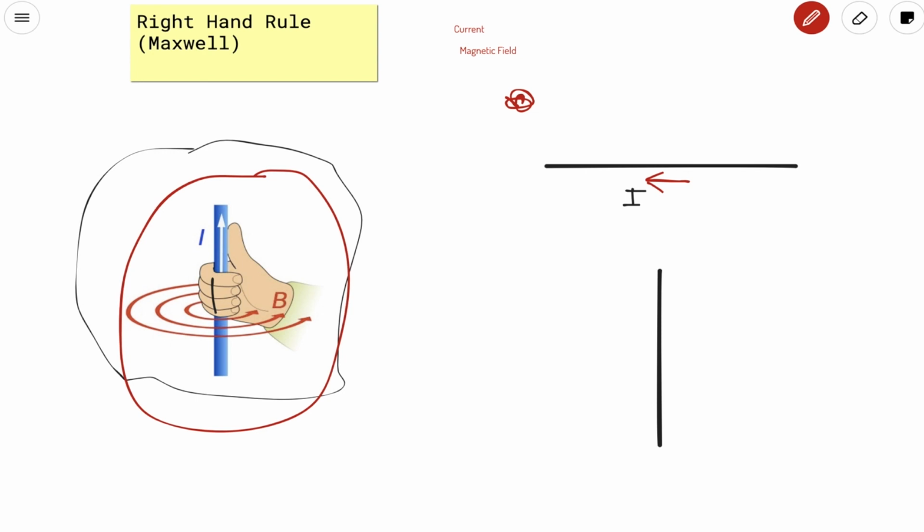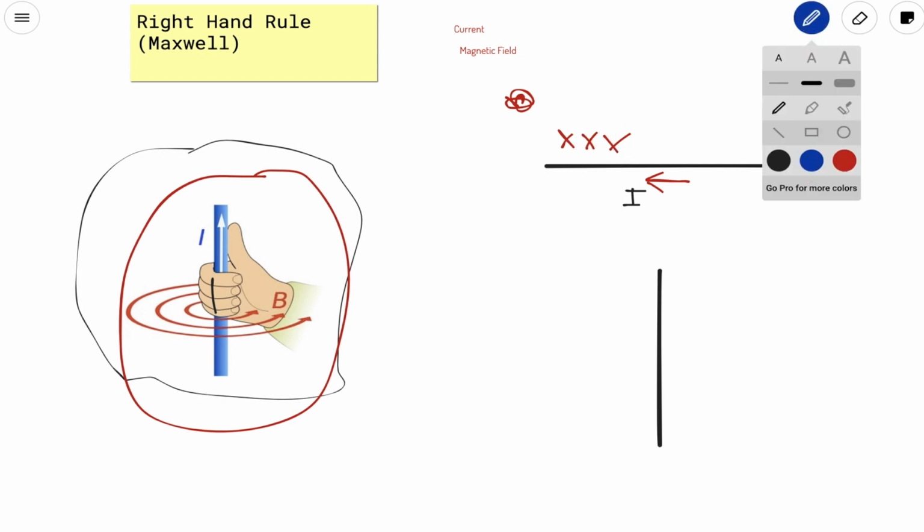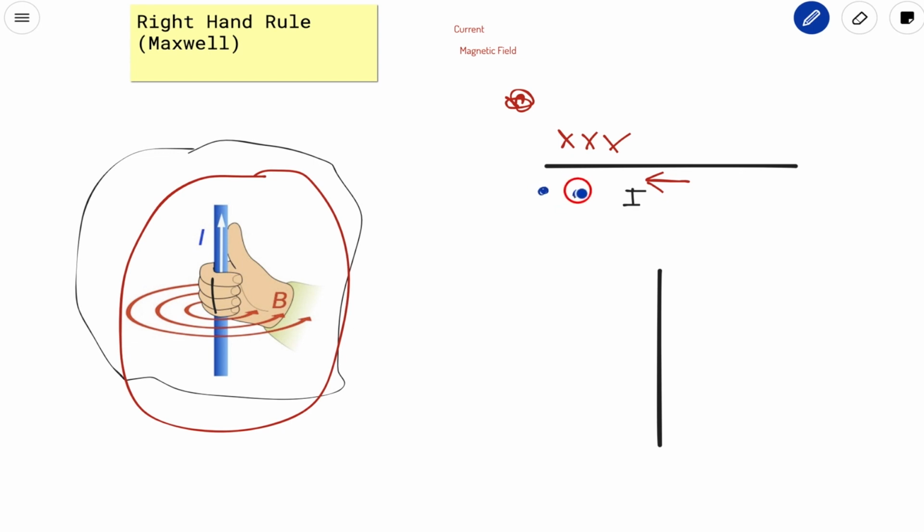You notice that if you put your thumb to the left, it's gonna wrap going into the page, then it's gonna come back and go out of the page. So at the top here, it's gonna be into the page, and at the bottom it's gonna be out of the page, if you did it correctly.